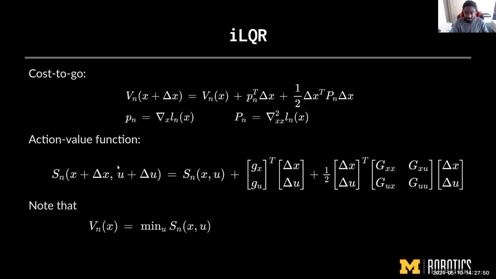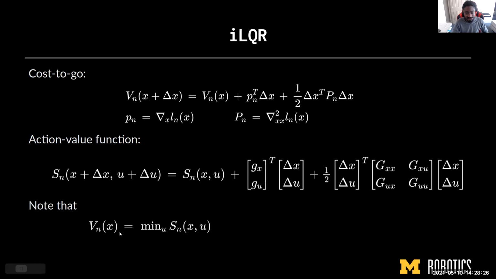The action value function could be represented as the action value of the current state plus some quadratic in terms of these G vectors and G matrices. We're going to talk about how you get these G vectors and G matrices later on. Simply put, these G's are basically the derivatives of the dynamics function. We'll go into more detail later on. And so you can consider this as the action value function.